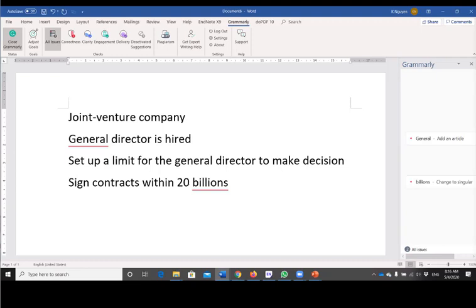And in some other company, it's not 20 billion, but maybe just 100 million, very low.